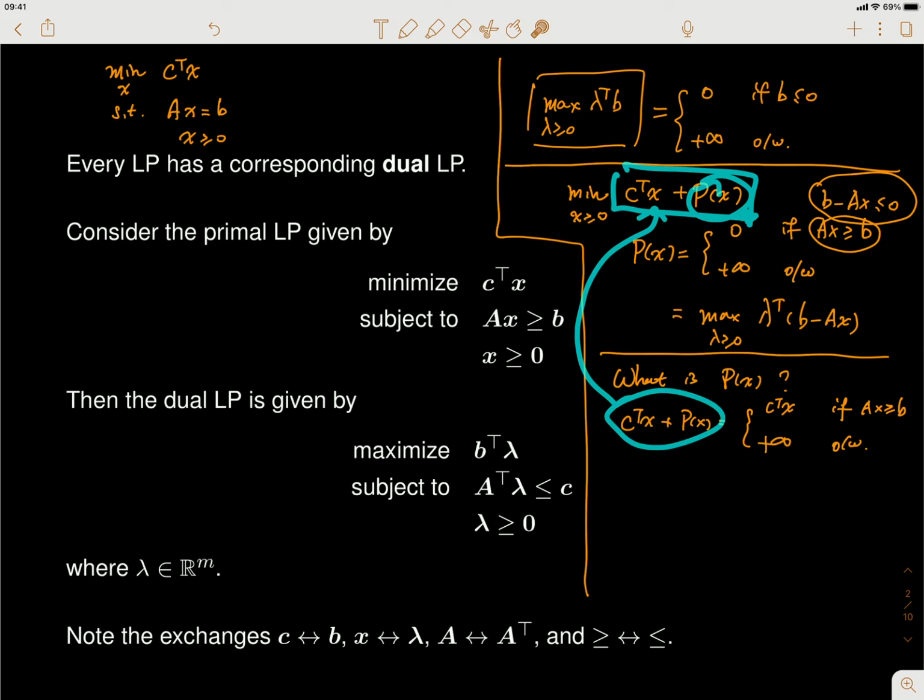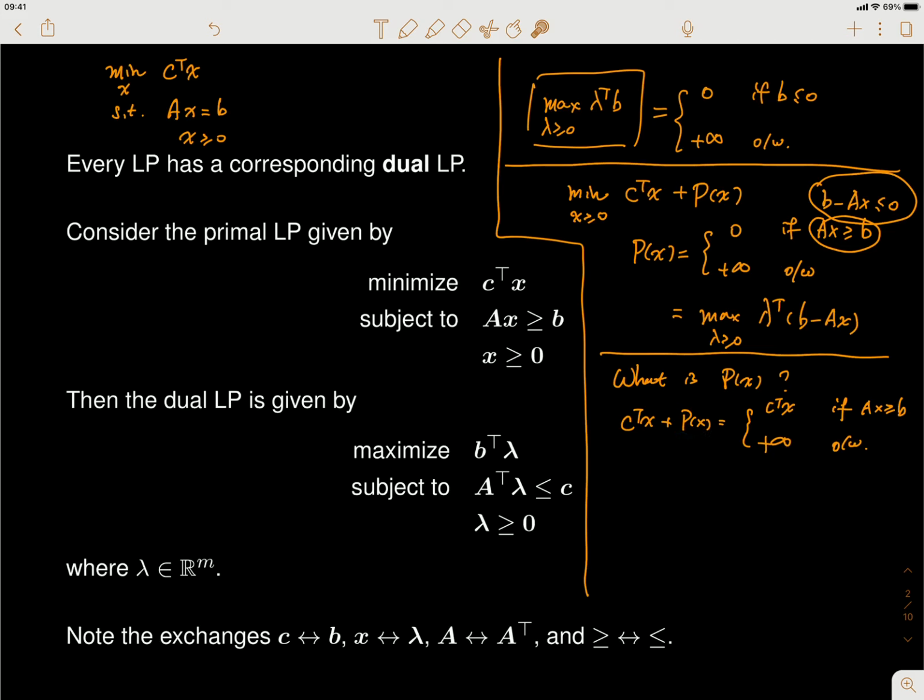So the only case where we can still get a meaningful minimization is that the p(x) is not infinity. And if it's not infinity, that must be 0. And that means this whole thing will be just c transpose times x, like the one here. Okay, so it's like we put the constraint, Ax greater than or equal to b, into this p(x).